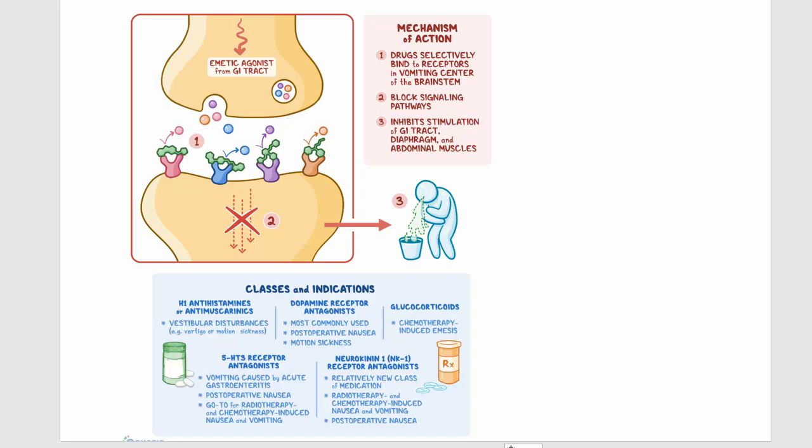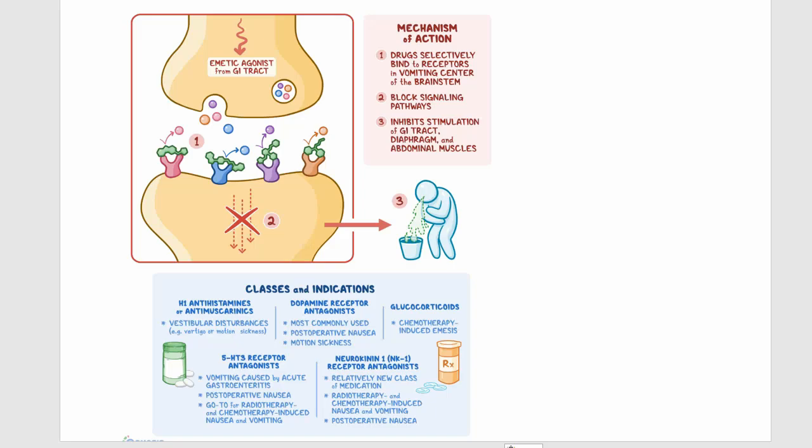It works by blocking the action of histamine at H1 receptors in the vestibular system of the inner ear and the brain. So that's cyclizine. Then you have Xonvea, a combination medication used for the treatment of nausea and vomiting in pregnancy. It contains two active ingredients, doxylamine succinate and pyridoxine hydrochloride, or vitamin B6. Doxylamine is an antihistamine with antiemetic properties.